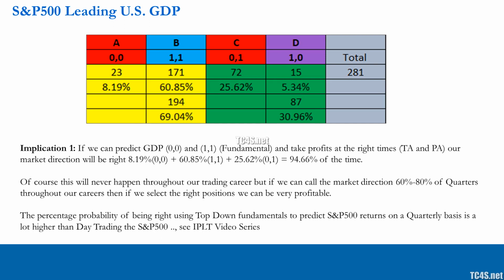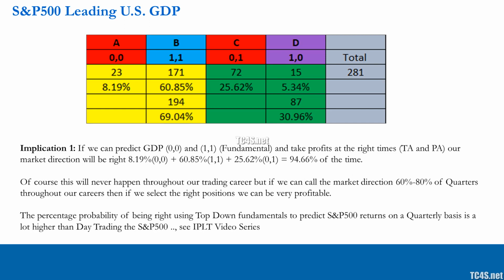And remember, this S&P 500 data is 6 month lagging. So what we're looking at here is S&P 500 data predicting GDP moves by 6 months.